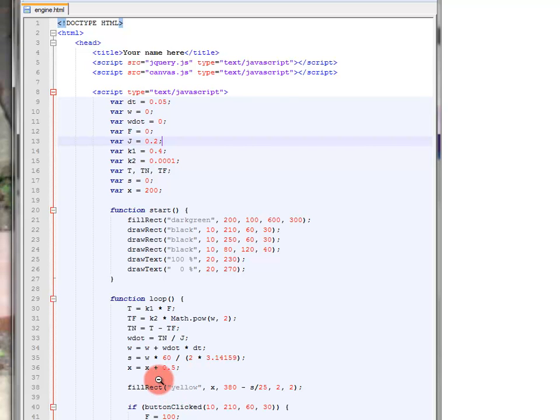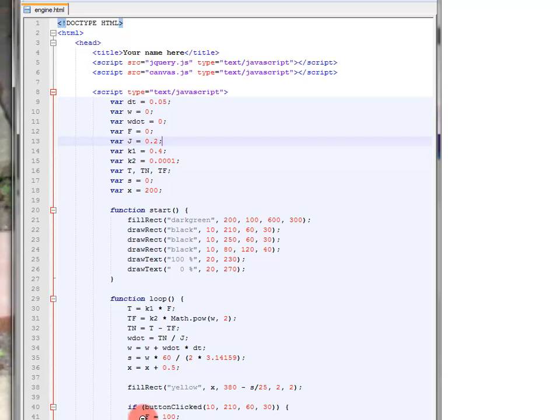You'll probably notice that the key bits of information are here in these 7 lines. That's doing the mathematical modelling. The line below that, fill rectangle yellow, is just plotting a 2x2 dot on the graph at that x coordinate and that y coordinate. So that plots the graph by just doing lots of dots. Every time it goes around the loop, it will plot the engine speed s against x.